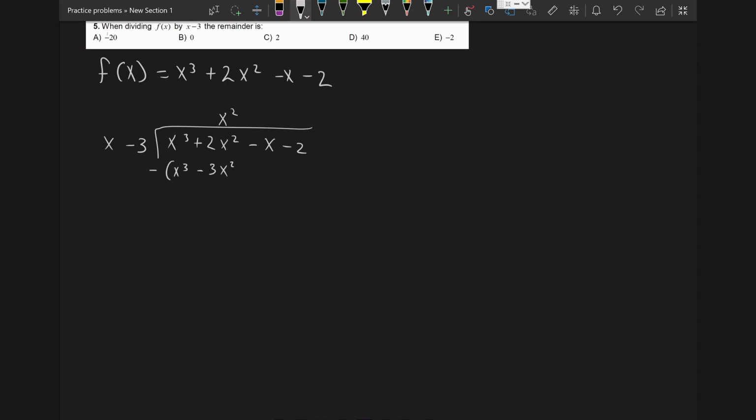and then minus x cubed minus 3x squared, plus 0x plus 0, and that's 2x squared plus 3x squared, so this is going to be 0 plus 5x squared minus x minus 2. 5x squared divided by x is plus 5x, and then that's minus 5x squared minus 15x plus 0.